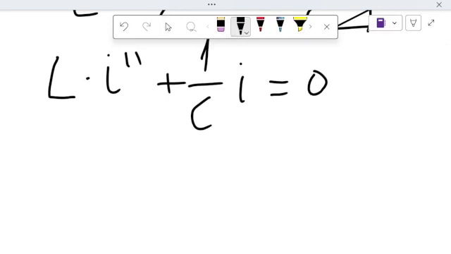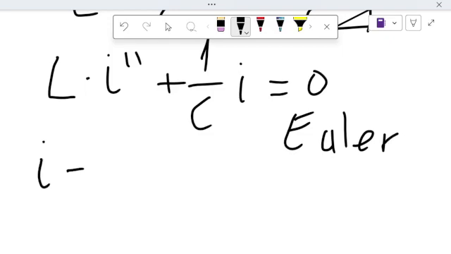This is a typical Euler equation, and we can put I as e to the power, let's say, xt.